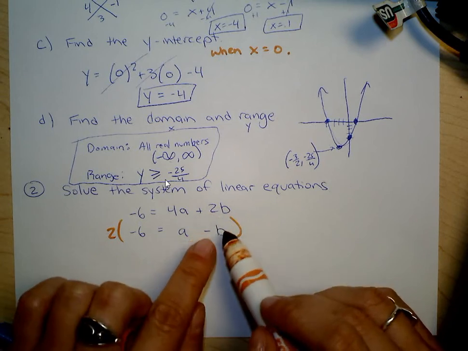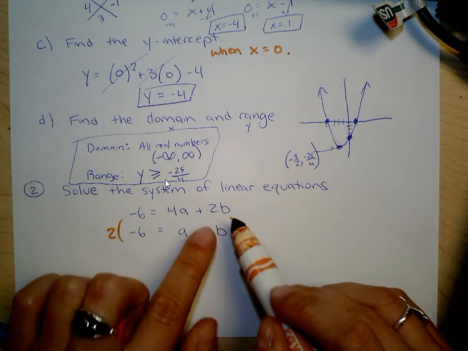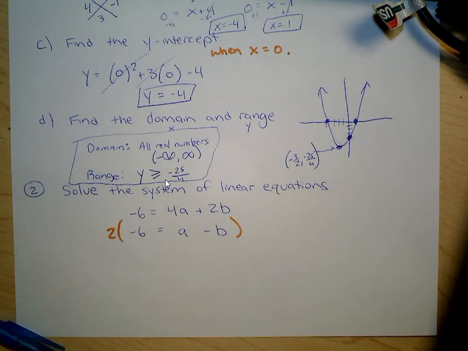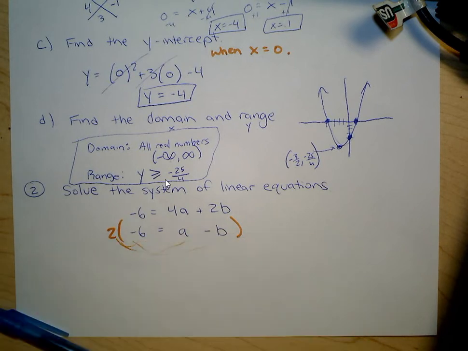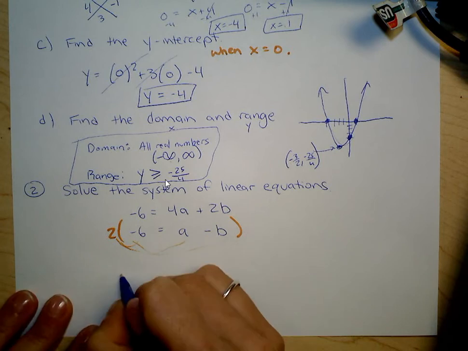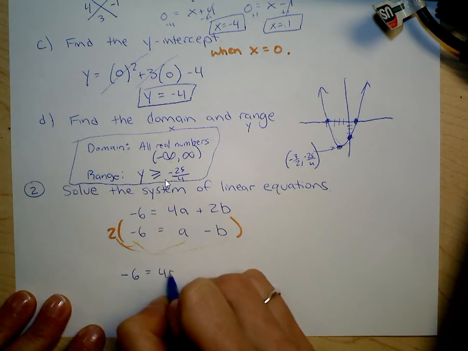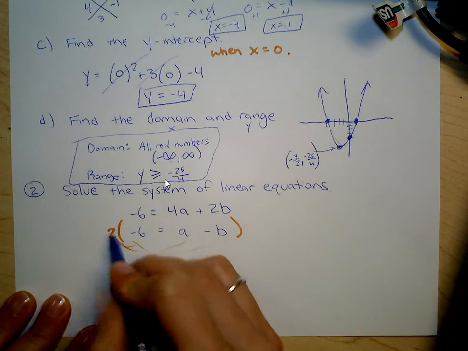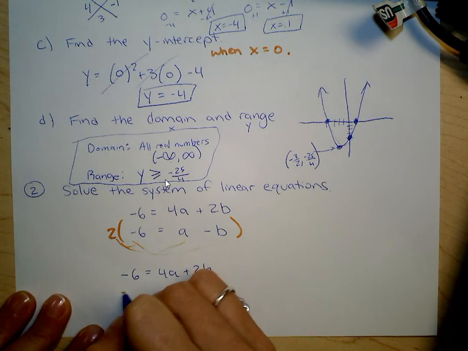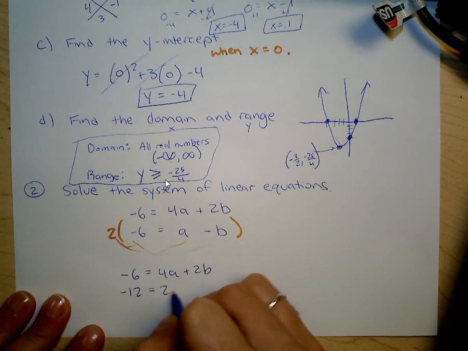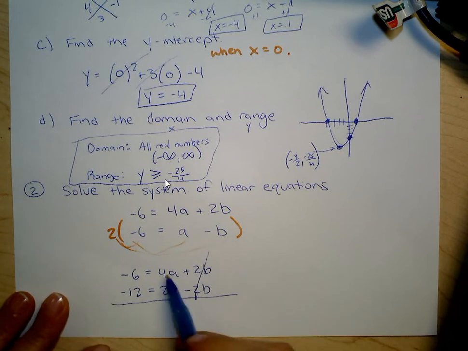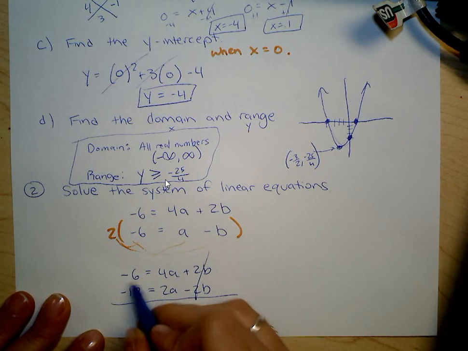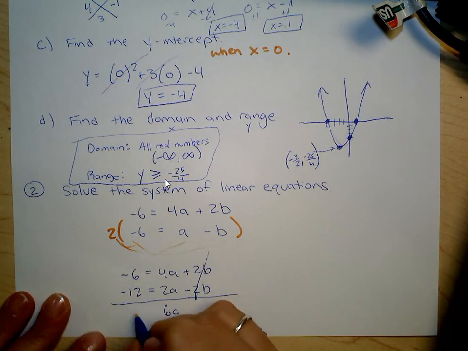So this is going to be negative 2b, which is going to cross out with the positive 2b. And I'm going to distribute this 2 to all 3 of those terms. So I'm going to have negative 6 is equal to 4a plus 2b. Multiplying 2 times negative 6 gives me negative 12 is equal to 2a minus 2b. Now these cross out. That's what I wanted. 4a plus 2a gives me 6a. Negative 6 minus 12 gives me negative 18.